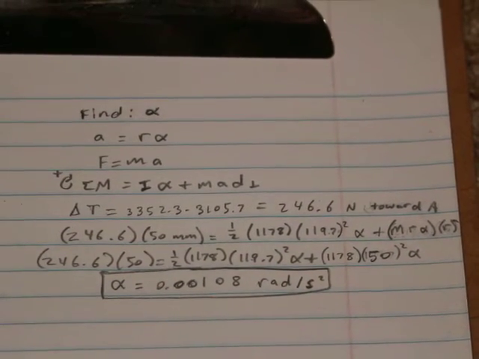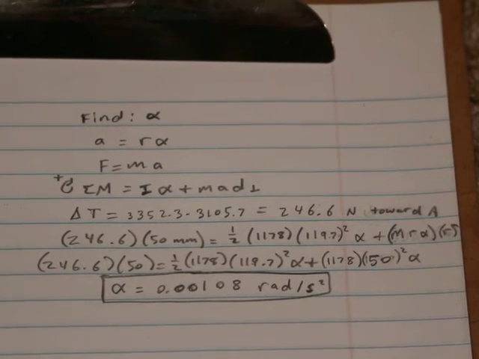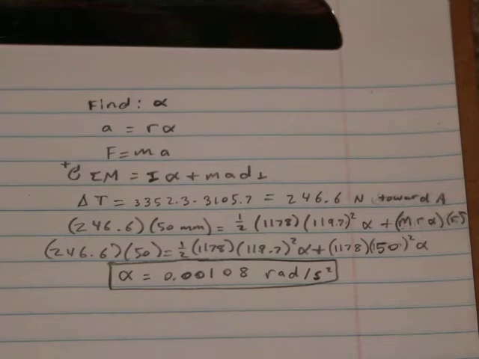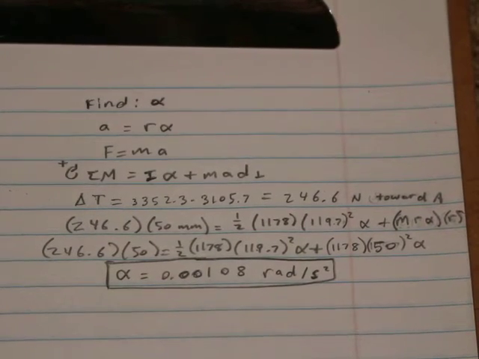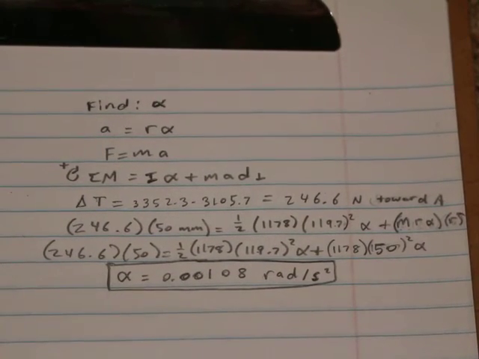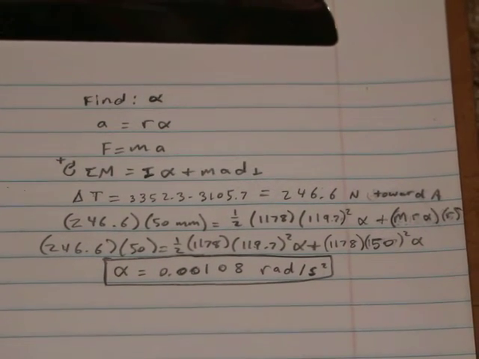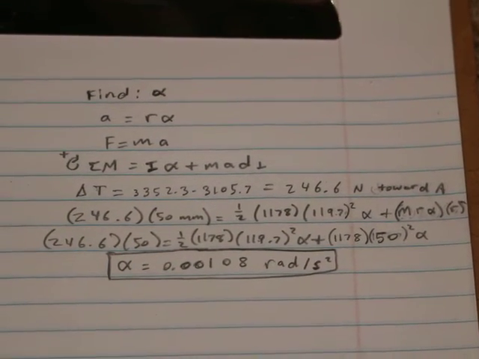Plus our mass times acceleration times distance, where our acceleration is equal to our radius times angular acceleration, which gives us m r alpha times radius.